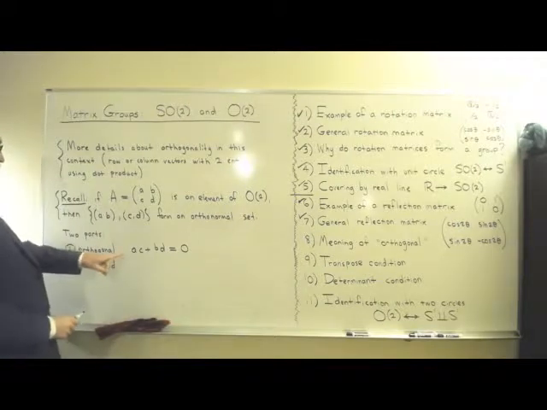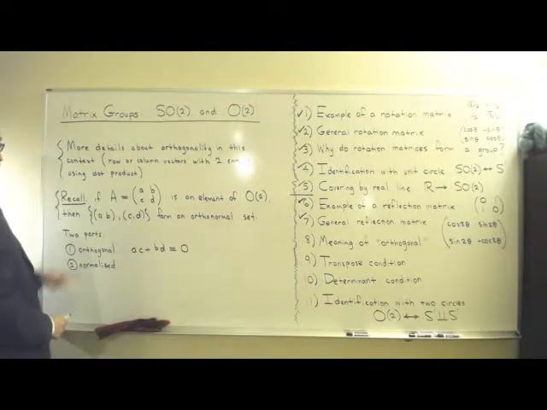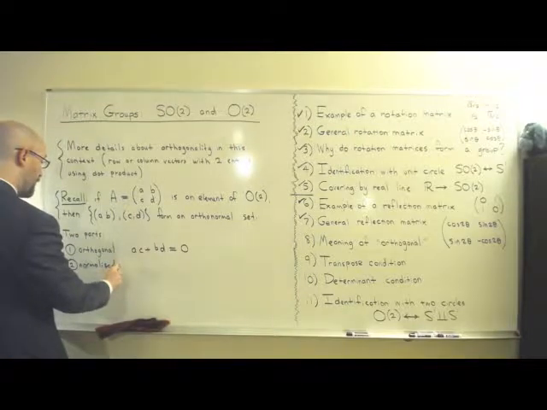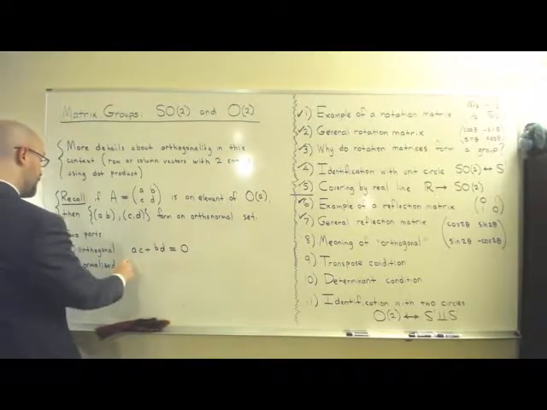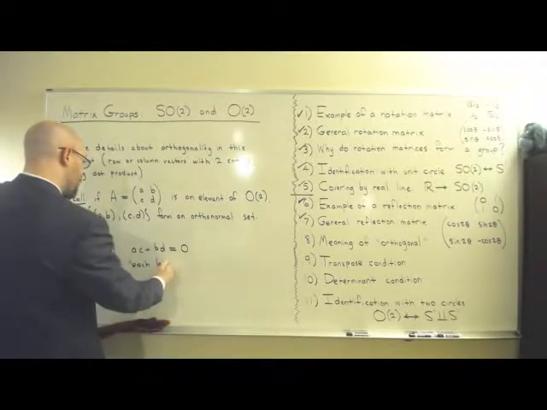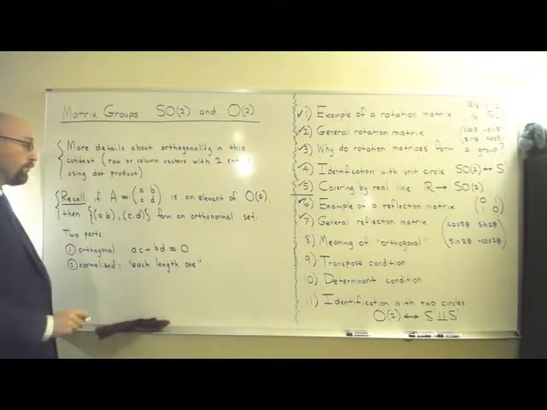So there's two parts to this. There's this orthogonal part, which would mean that these two vectors are orthogonal to each other. And then there's this normalized part, and what normalized means is that each vector is of length 1, exactly 1.